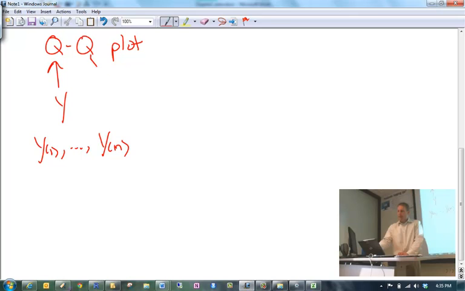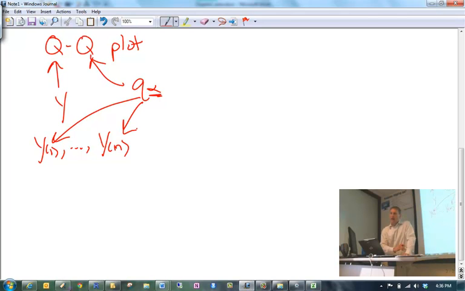And we're going to plot them against the quantiles from some other kind of distribution. Here it's going to be Rayleigh. So let Q sub alpha be the alpha quantile from a Rayleigh distribution. The thing, though, is that I need to decide, what should alpha be for y1? What should alpha be for yn?